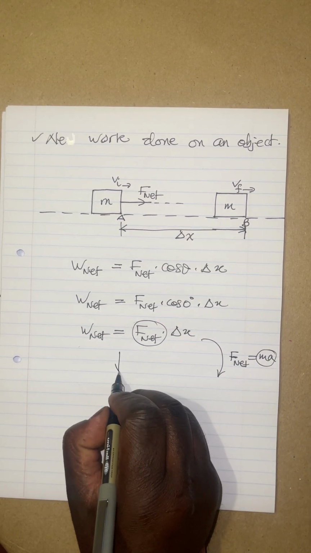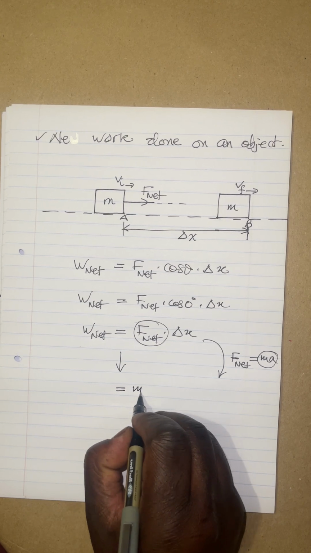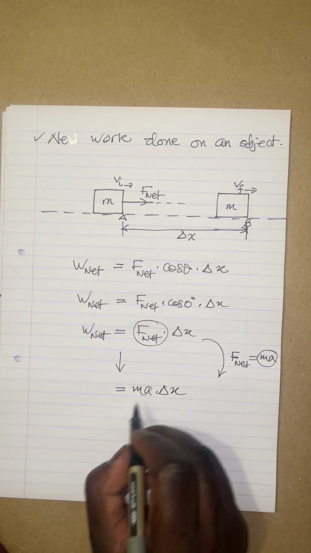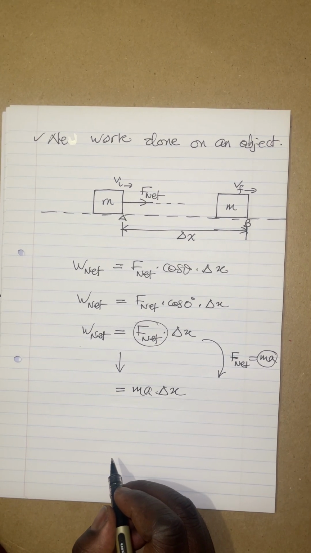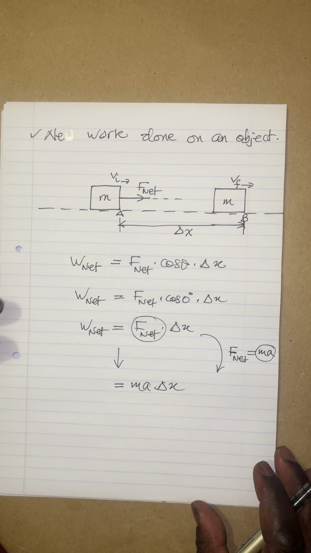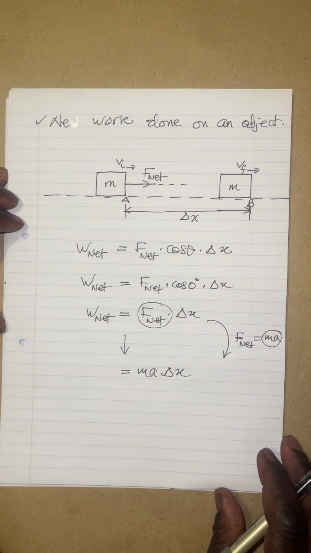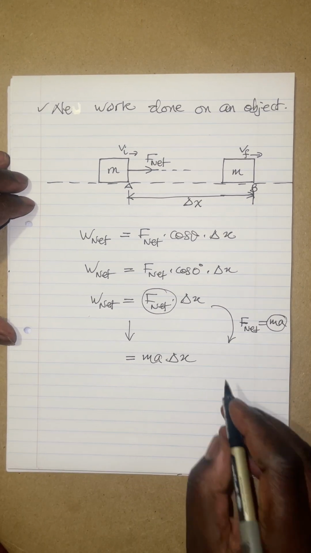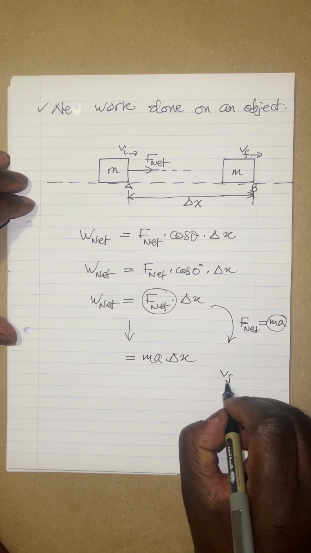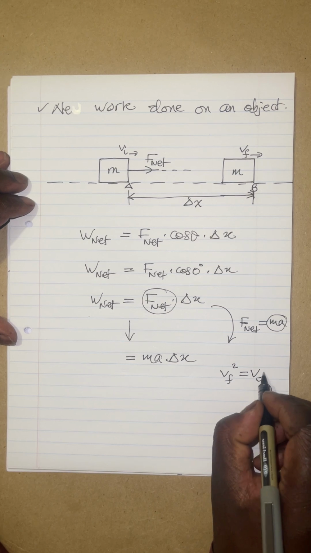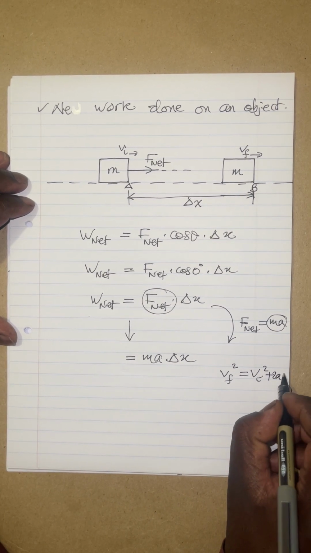So the formula now changes to ma delta x, because net force equals mass times acceleration. And I want to remind you again of Newton's equations of motion. We have v final squared equals v initial squared plus 2a delta x.